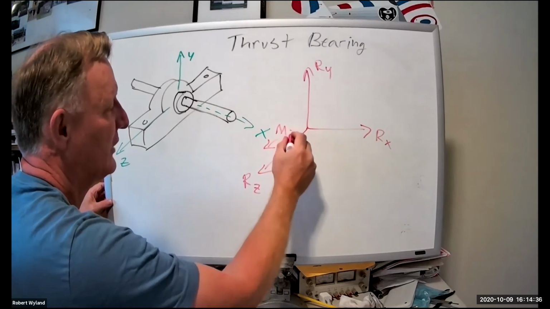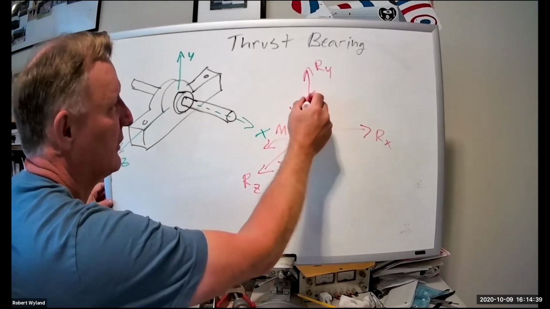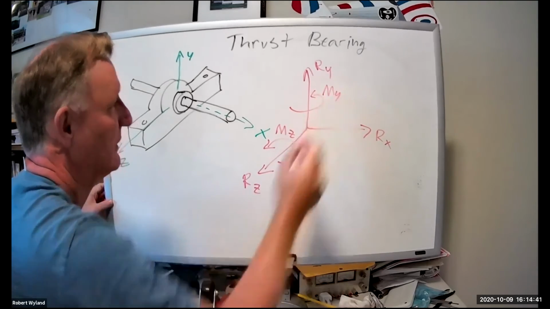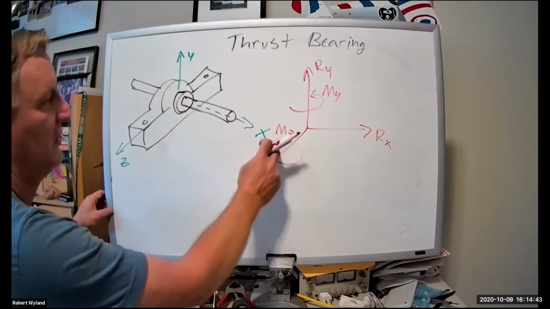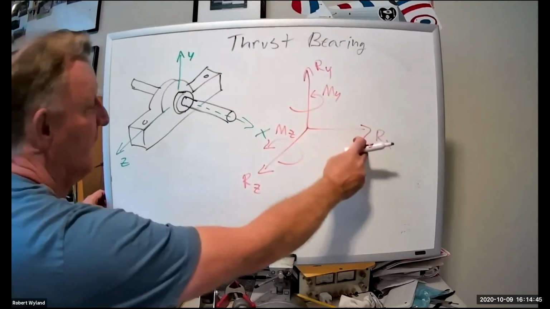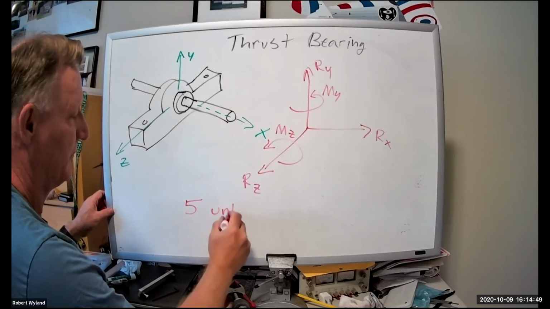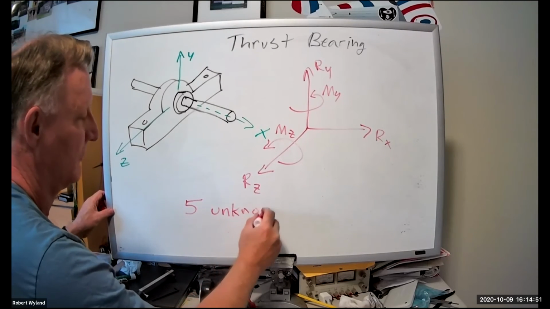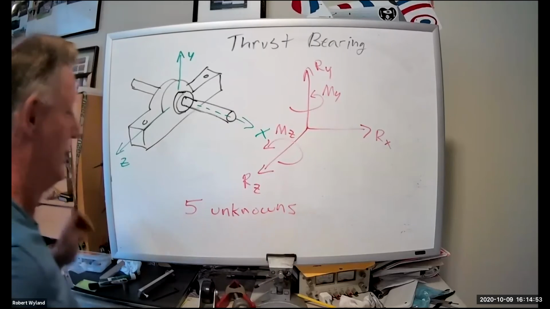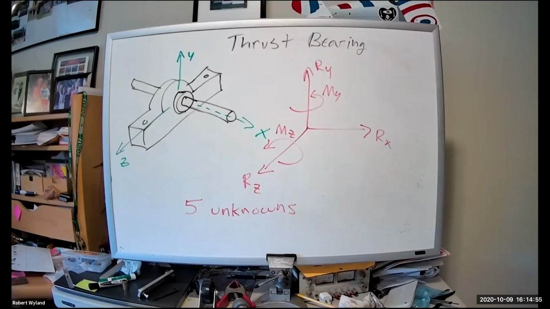And we still have a moment about Z. We still have a moment about Y. So we have 1, 2, 3, 4, 5 unknowns. So just so you know, when you're looking at problems and you see a thrust bearing, you should probably be unhappy. The reason being is that you now have 5 unknowns.